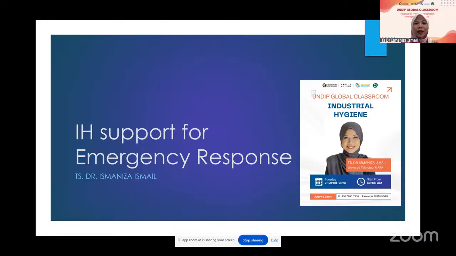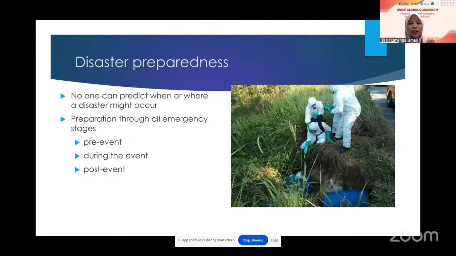So we're talking about disasters today. It can be natural disasters, chemical incidents, or even terrorism-related events. Sometimes it can be a chemical spill, from flood events, or maybe bioterrorism and so on. And the scary part is that no one can predict when or where it will happen.